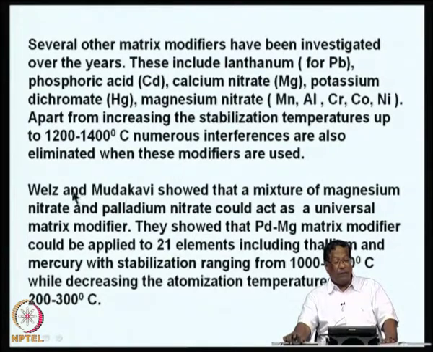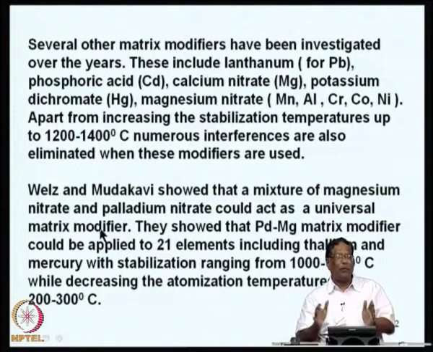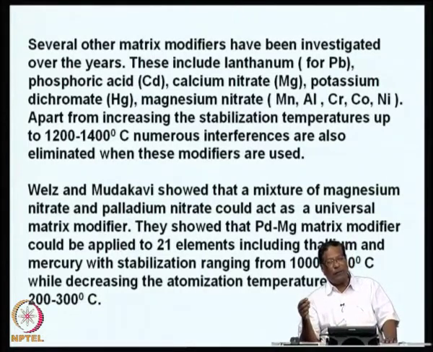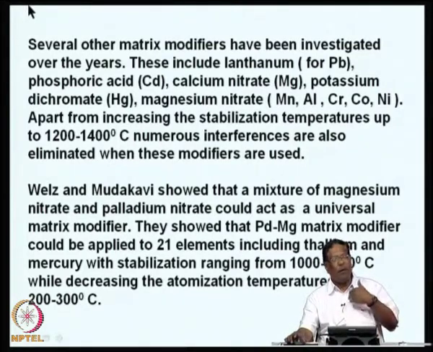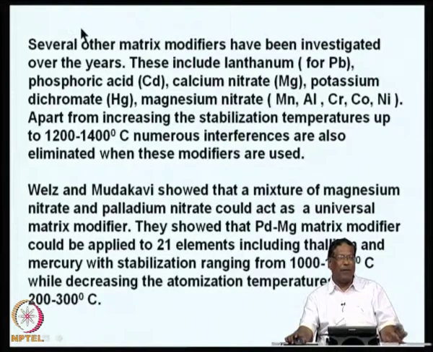I have used, with Wells and Mudkavi, I have shown that a mixture of magnesium nitrate and palladium nitrate can act as a universal matrix modifier. This was the theme on which I was working, so that we could use a single modifier instead of using one modifier for each element. Why? We can as well use these two mixtures and then form matrix modifiers for many elements.